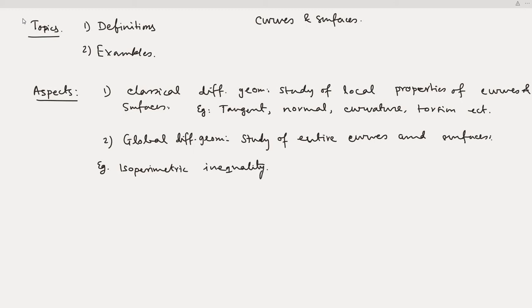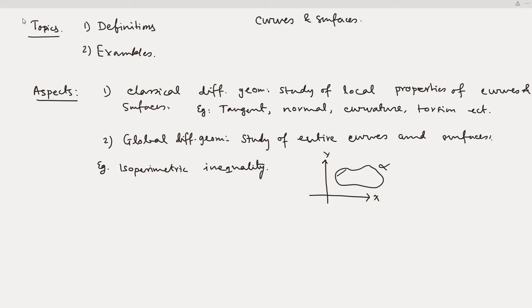The isoperimetric inequality mainly says that if you have some simple closed curve, let's say alpha, any simple closed curve in R2, with x-axis and y-axis, then such a curve divides the Euclidean plane R2 into two regions.